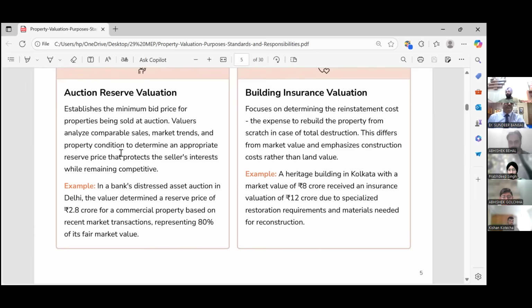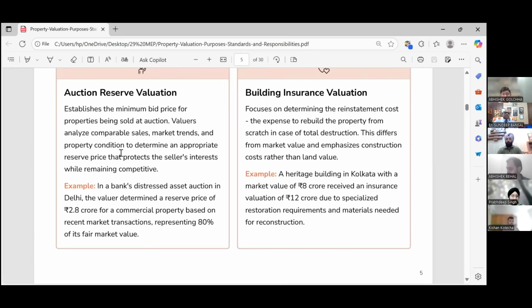So it does not mean that if the value of a property is 8 crore, its insurance value will be less than 8 crore. Insurance value may be higher or lower than the market value.